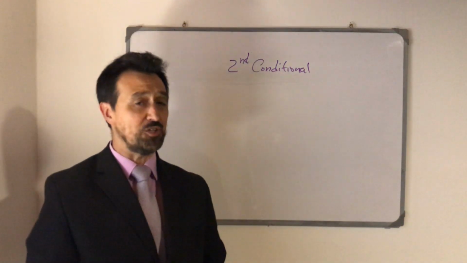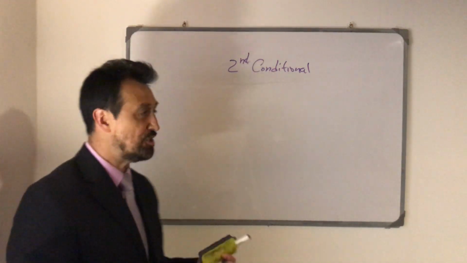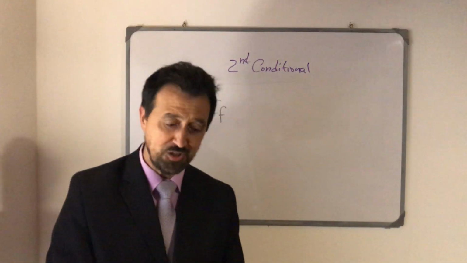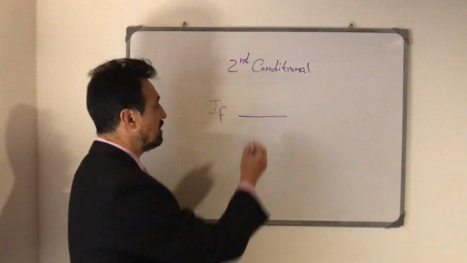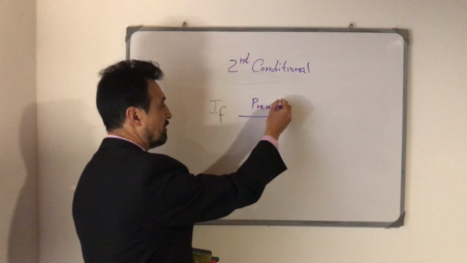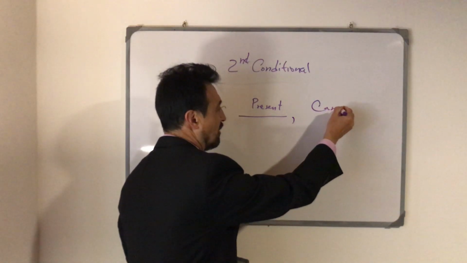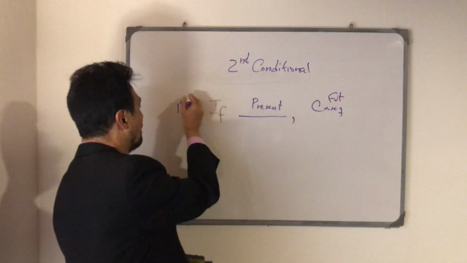Similar to the first conditional, if you remember, we are using the expression if. In the first conditional, using if, we use a clause in the present, and the consequences we put in the future. This is the first conditional.